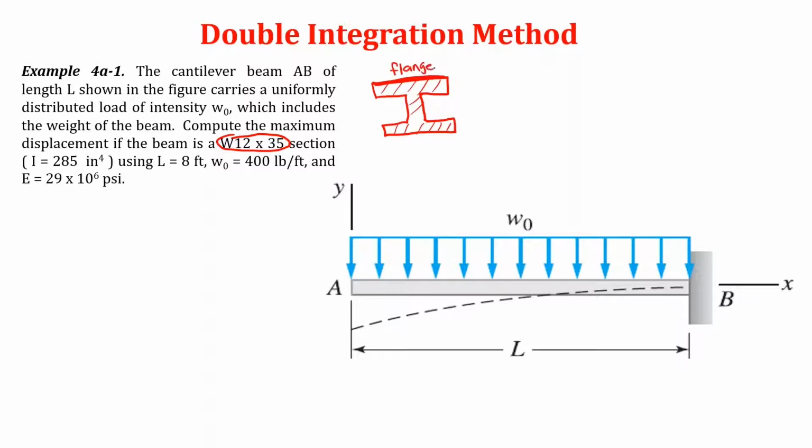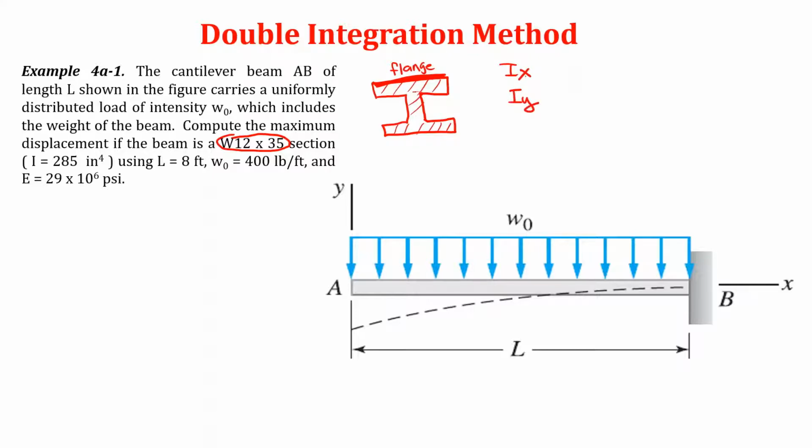So it is called W because the flange is wide. Anyway, the moment of inertia, if we look it up in the steel manual at the back of your strength of materials book, you will find the inertia of the W shape. Okay? So we have Ix and Iy.